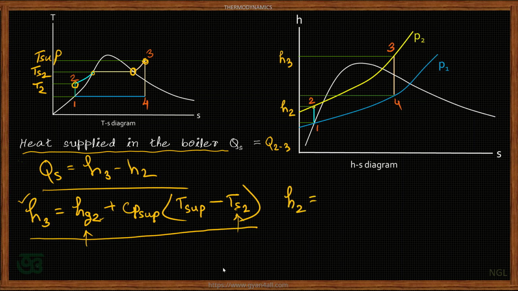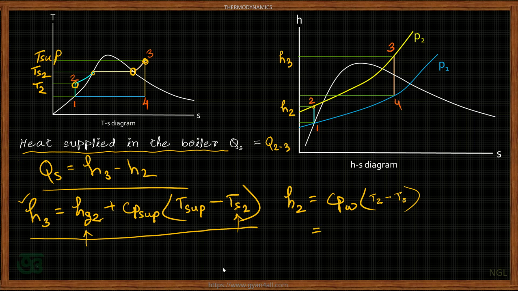H2 is equal to, we can see the condition of the fluid at point 2 is liquid. This is in the subcooled region in this TS diagram or in this HS diagram. So H2 is equal to Cpw, the specific heat of water at constant pressure, multiplied by the temperature, which is T2 minus T naught, which is 0 degree centigrade or 273 Kelvin.